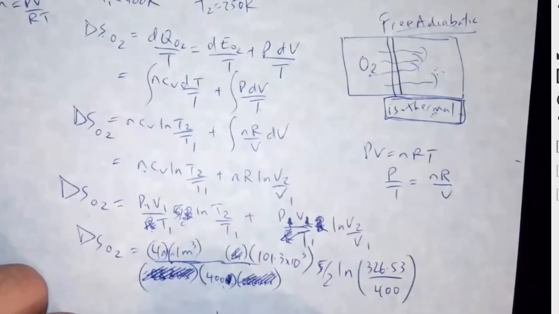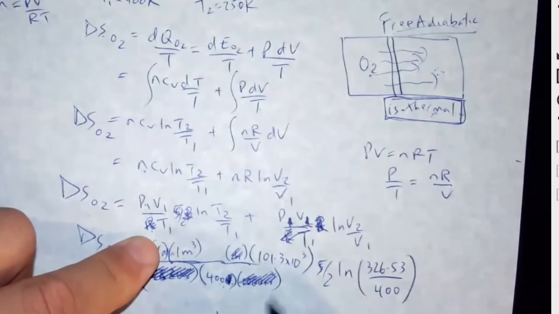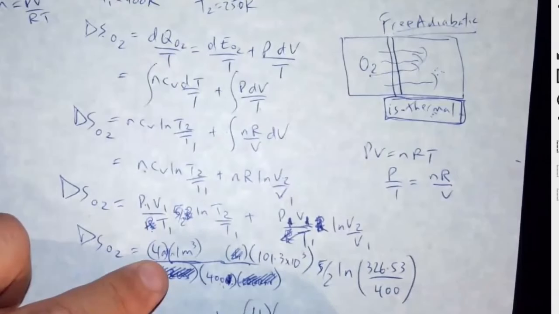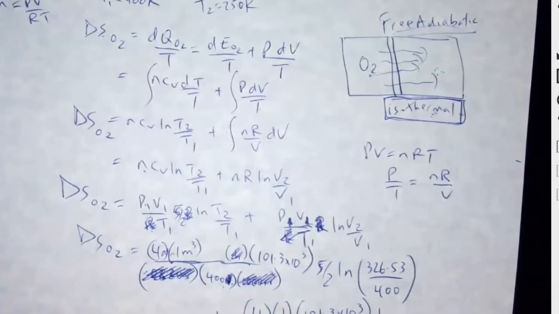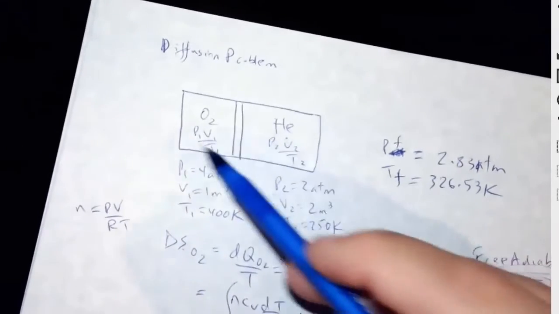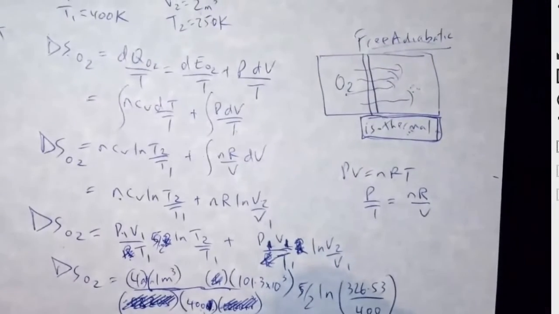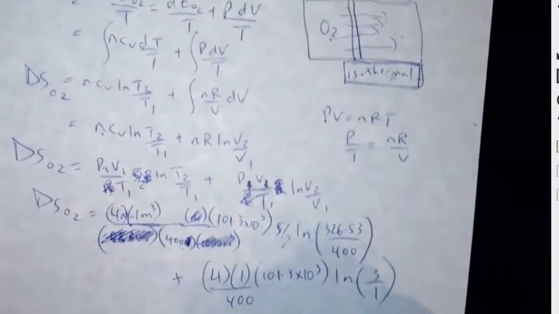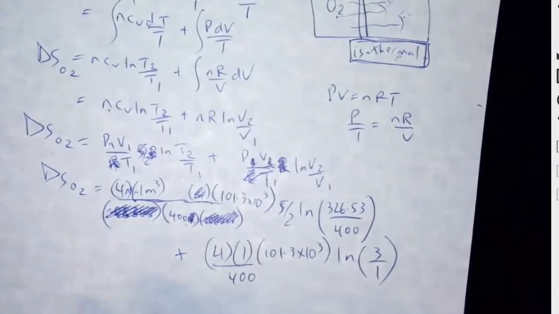I could also factor that out, PV over T. So I can have 4 atmospheres, 1 over the temperature, which is 400, times ln of the ratio of the volumes, which is the total volume at the end. The oxygen occupies 3 cubic meters over the original volume of 1. You see, that's why this and this are not the same, because it's neither isothermal nor isobaric.